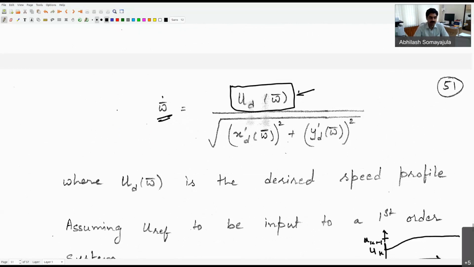Suppose during the implementation phase, instead of one vehicle, some other vehicle is being used, we can always use the same path, but we can now parameterize it in terms of a trajectory tracking problem slightly differently, depending on the speed profile being provided for that craft. So we can play around with this time constant and we can give out a speed profile which matches the dynamics of the craft.